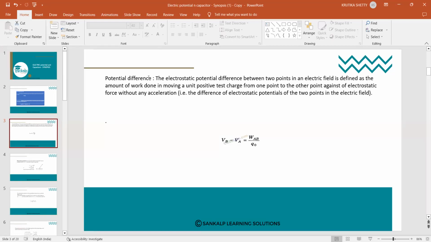So the electrostatic potential difference between the 2 points in an electric field is defined as the amount of work done in moving a unit positive test charge from one point to the other point against the electrostatic force without any acceleration. So it is almost the same. We are just adding that it is from one point to another point. Okay, so this is regarding the potential difference.